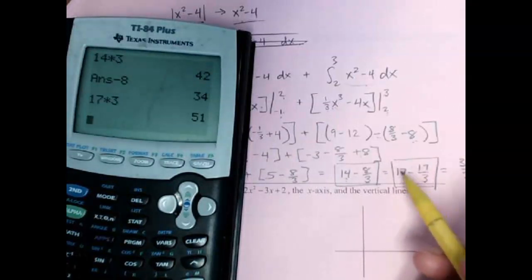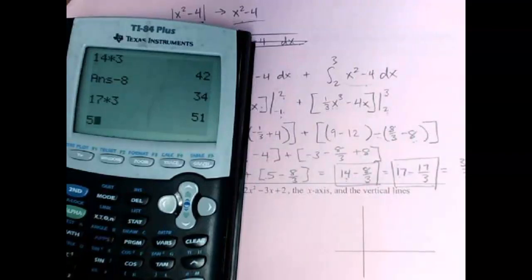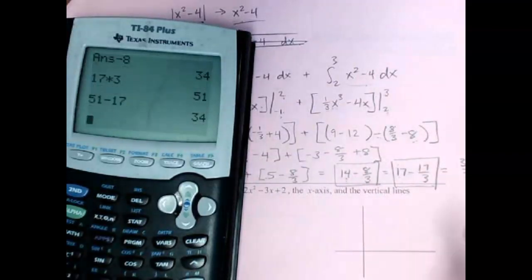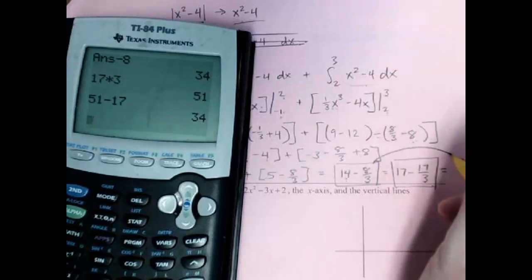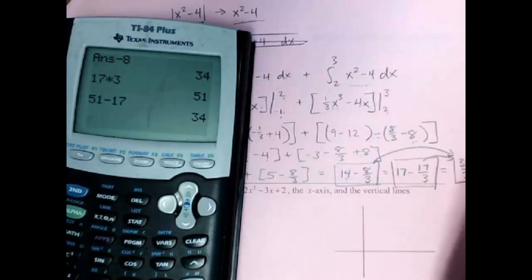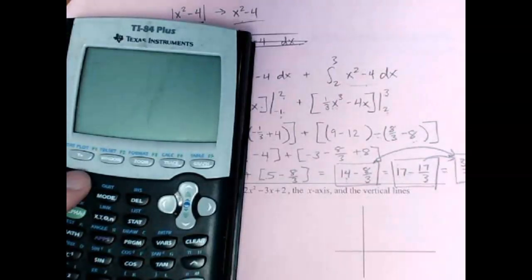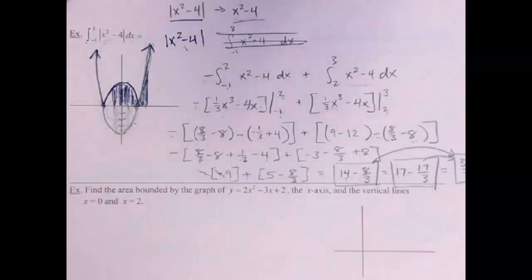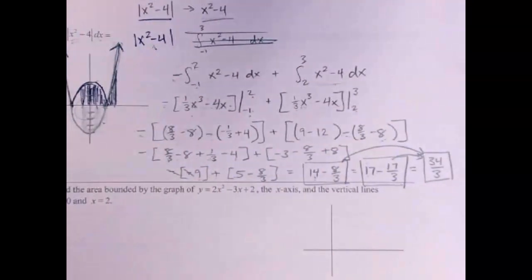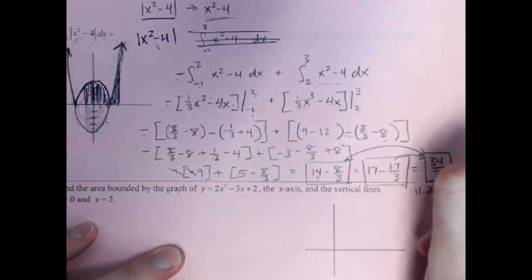Then I need to do 51 minus 17. It's going to also give you the same thing. So both of these, if you were to combine them to the final singular answer, both of those will be the same: 34 thirds, right? It'd be 11.33333, 11.3 repeating.